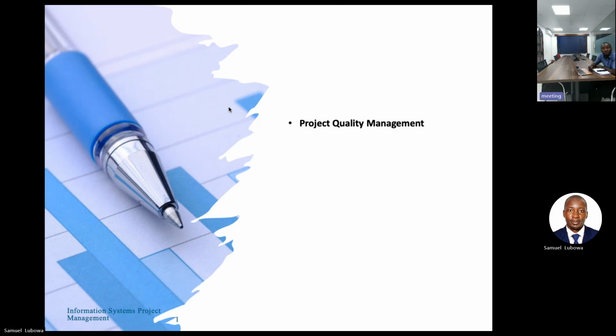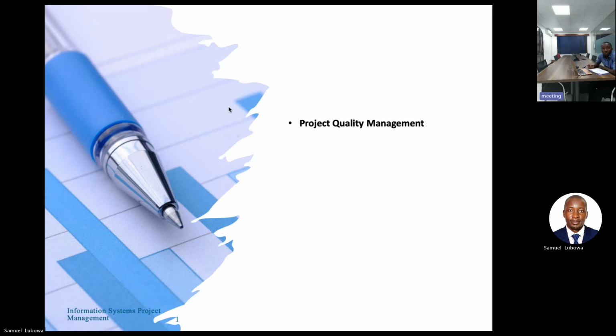So, in this session, I'm going to be taking you through what we call project quality management, which is one of the core pillars of project management when it comes to the project management triangle.